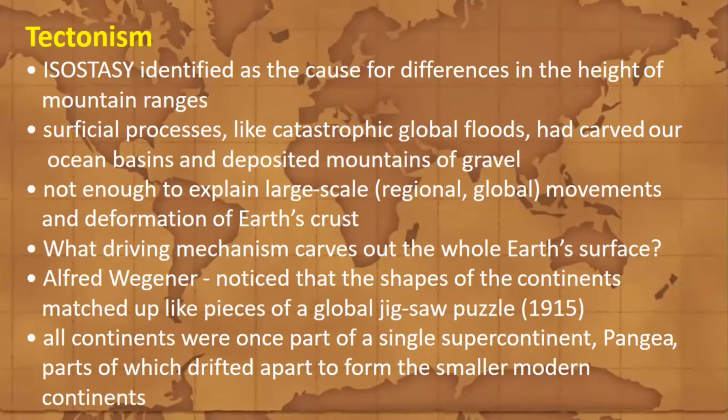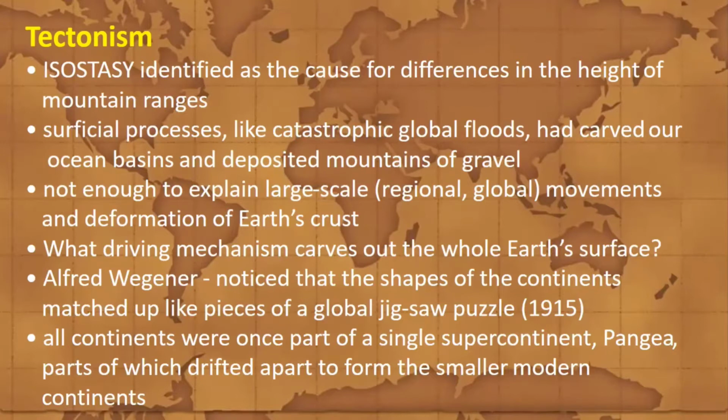Superficial processes like catastrophic global floods that carved our ocean basins and deposited mountains of gravel are not enough to explain large-scale, regional or global movements and the formation of Earth's crust. What driving mechanism carves out the whole Earth's surface?